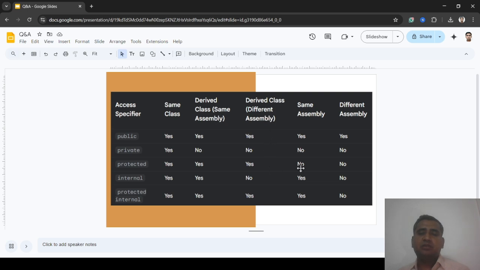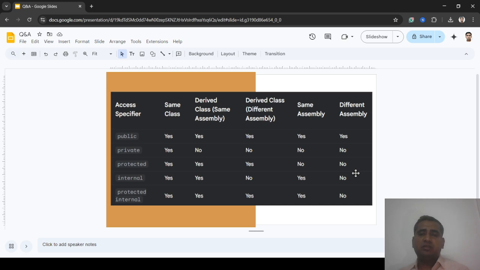But it is not allowed in a different assembly without an inheritance relation. Internal is accessible within the same class and the same assembly only, not in a different assembly, irrespective of inheritance. Protected internal is the union of protected and internal, so we can see yes, yes, and yes for these, and no for a different assembly without an inheritance relation.